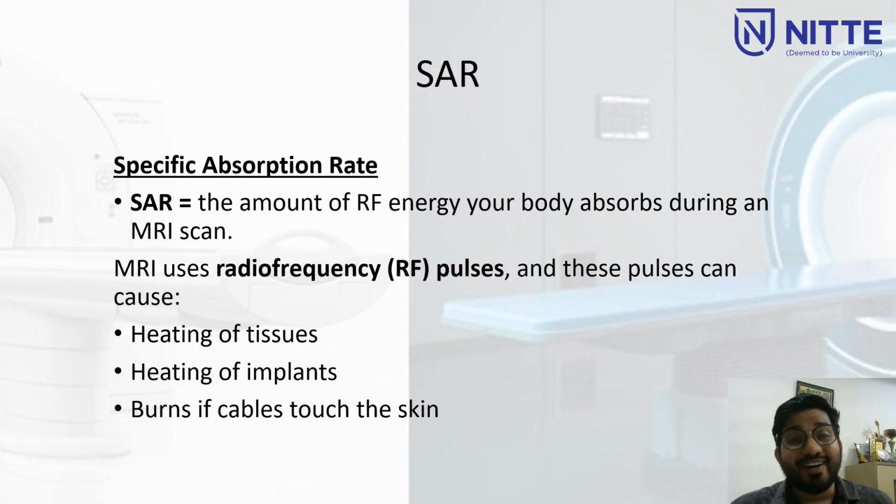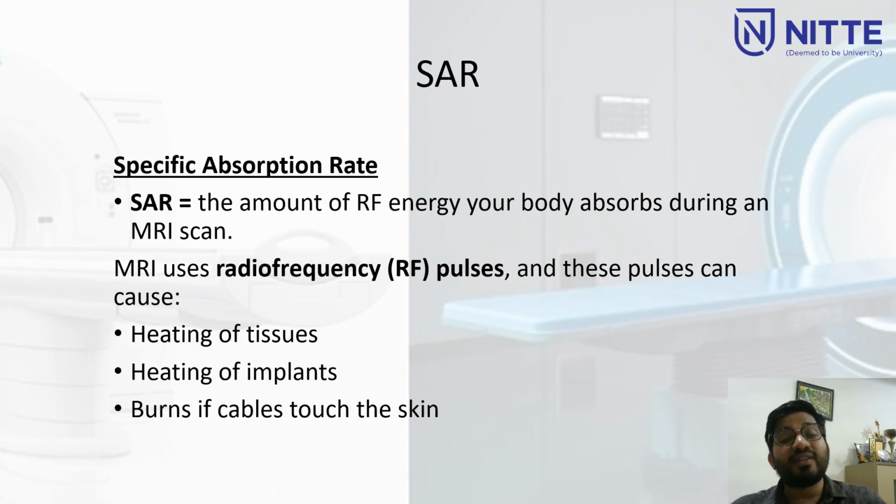So we have discussed in the previous slide about the SAR limits. So I thought we'll have a slide about the specific absorption rate, that is nothing but SAR. SAR tells us how much heat is produced inside the patient body. So SAR is the amount of RF energy your body absorbs during an MRI scan.